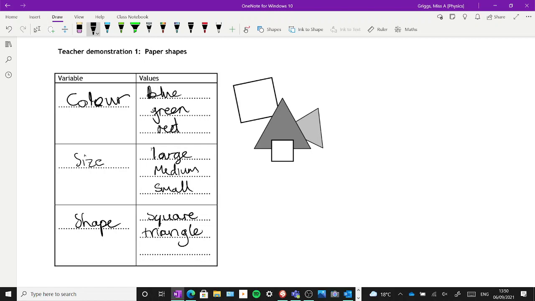Right, so the next one we're going to look at is a similar kind of thing, but we're going to look at these tubs in front of this desk over here. Ignore the numbers, they're just to identify them.